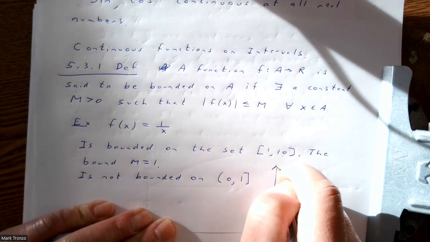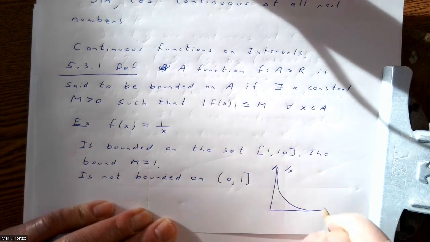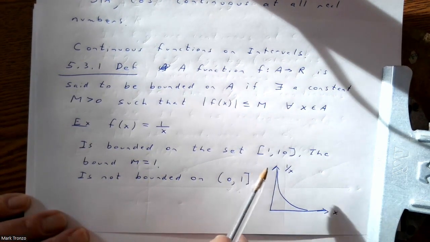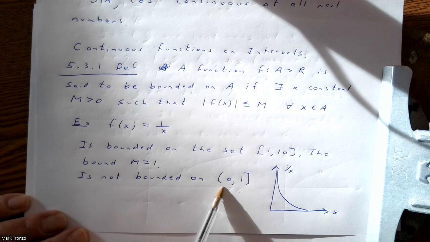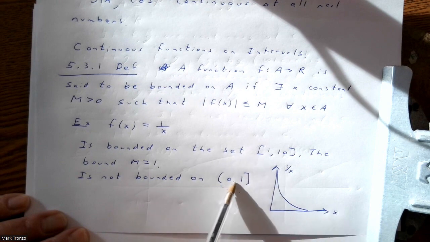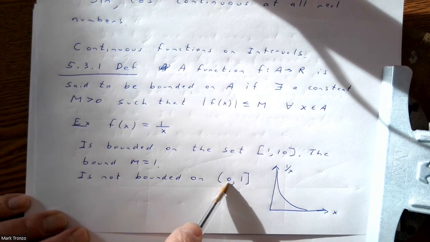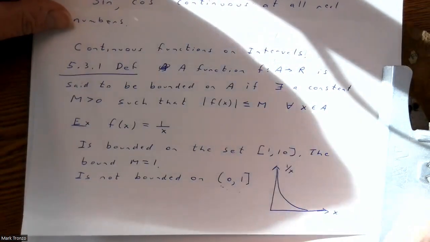Uncontrollably. So something like this. It's not bounded on 0 to 1, or anything that would start with 0. But it is actually bounded on any other interval. If you put any positive number here, it's going to be bounded.